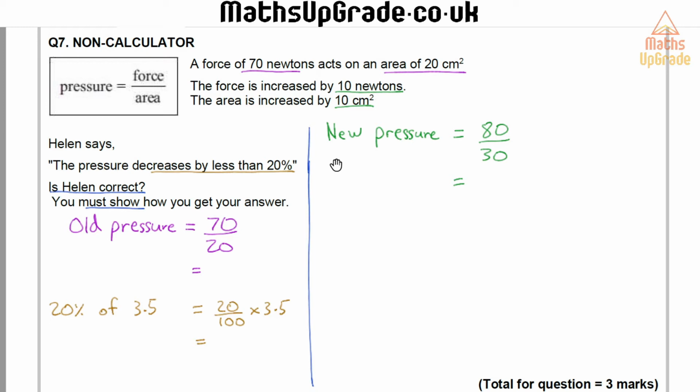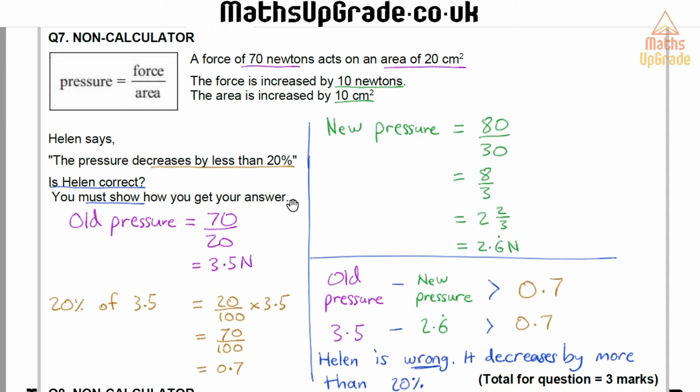Okay, so I need to find the old pressure, and I need to find the new pressure, and I need to see by what amount it decreases by. Well, the old pressure is given by force over area, and so that's 70 over 20, which would give us 3.5 newtons. So that's the old pressure there. Now, she says that the pressure decreases by less than 20%.